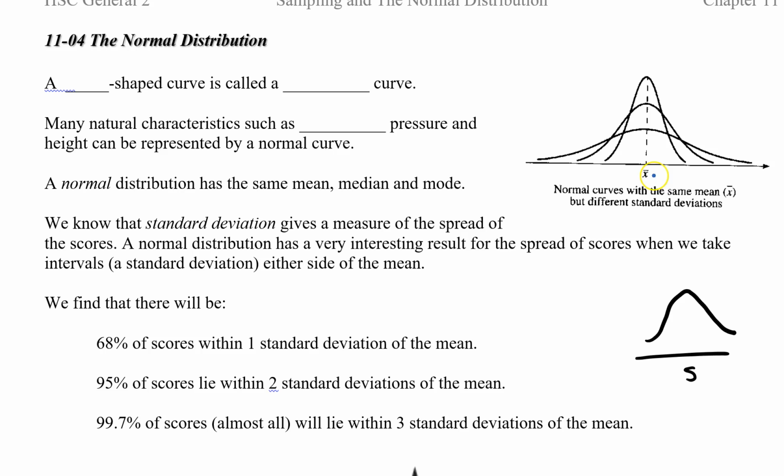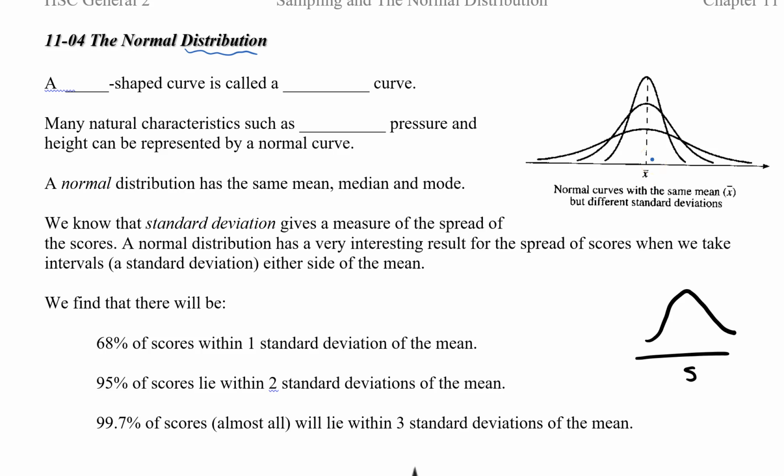Now, there's quite a few assumptions about this sort of distribution or graph. And we will always have this shape. And the number one assumption, I guess, is that the average will be nicely in the middle. So yes, it has a symmetrical shape and the average is in the middle.